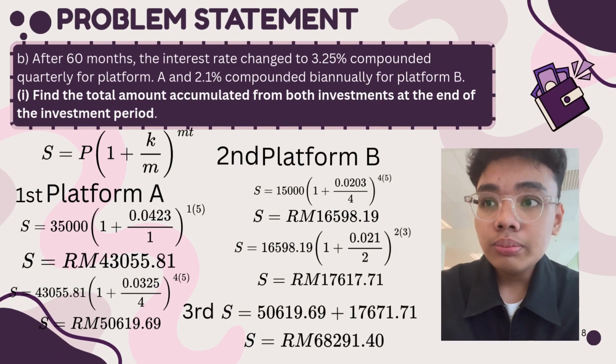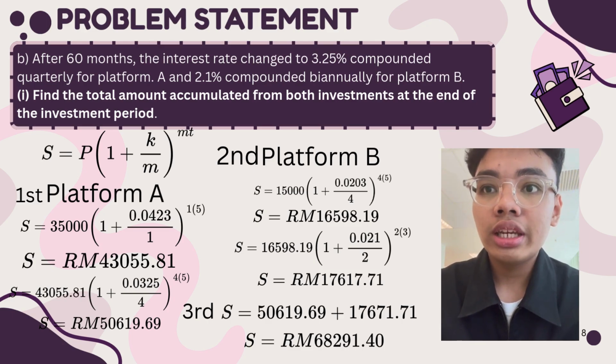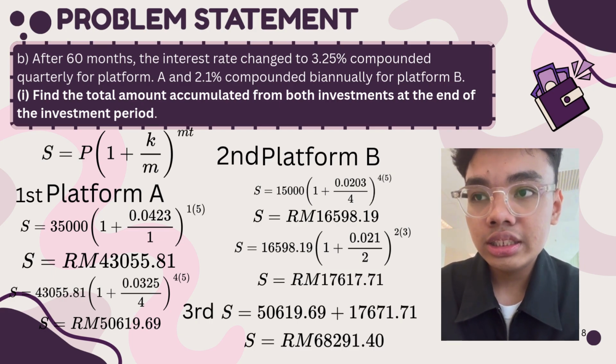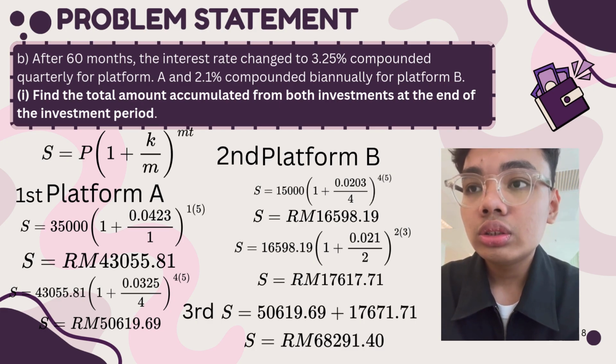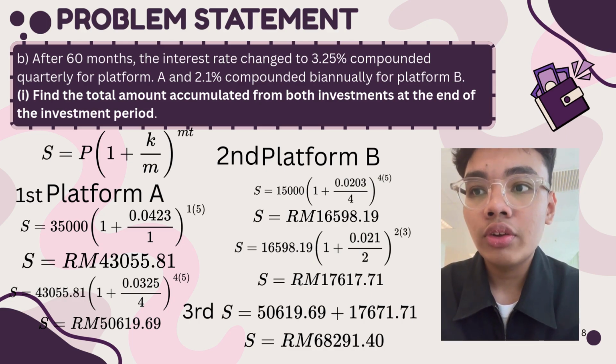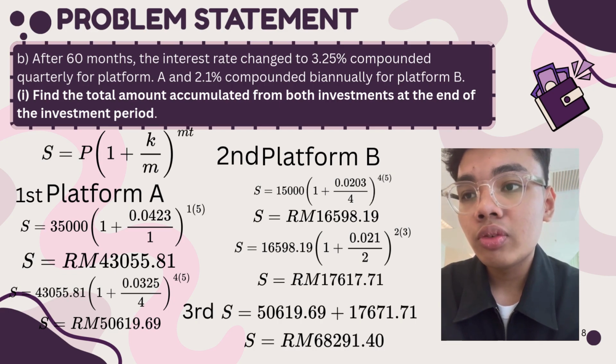On to the next question, B1, which is find the total amount accumulated from both investments at the end of the investment period. So they are asking us to find the S, since it is the total amount accumulated. We'll be doing the same except the change is the t, which is 60 months, equal to 5 years. So the answer we will get for platform A is 43055.81.